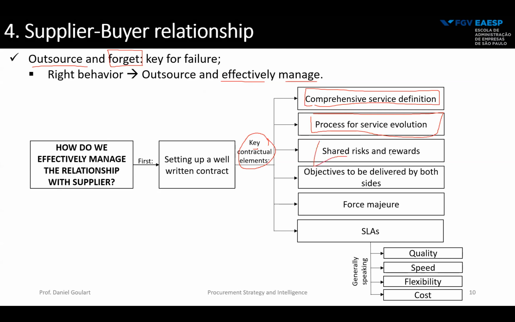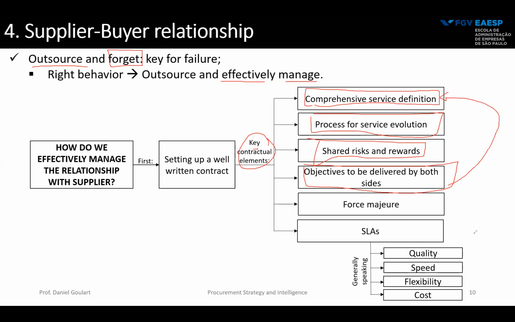As we discussed, shared risks and rewards, which is very hard to establish, except when we're talking about risk sharing of credit operations. Objectives to be delivered by both sides, which is pretty much related to service definition and service specification. So as a buyer, I expect performance. I expect performance of the product in terms of quality, in terms of functionality, etc. I expect supply pace.